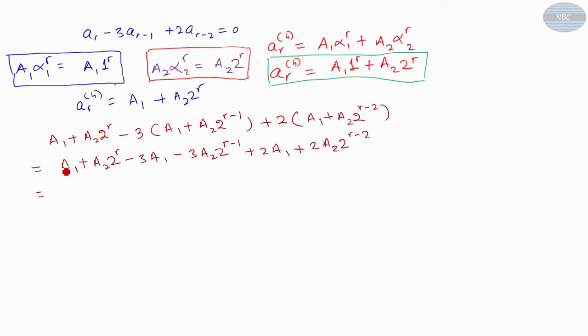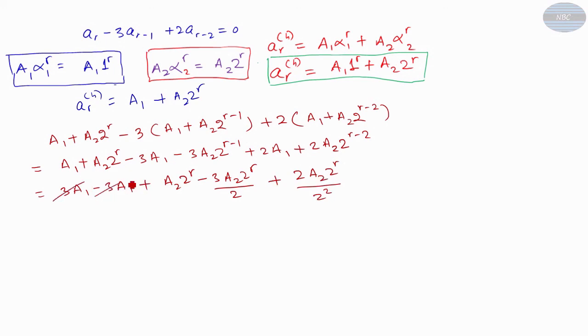This equals, so we have a1 plus 2a1 is equal to 3a1. So this is minus 3a1 is there, plus here a2 2 to the power r minus 3a2 2 to the power r divided by 2. So 2 to the power r minus 1 can be written as 2 to the power r divided by 2, plus 2a2 2 to the power r divided by 2 square.